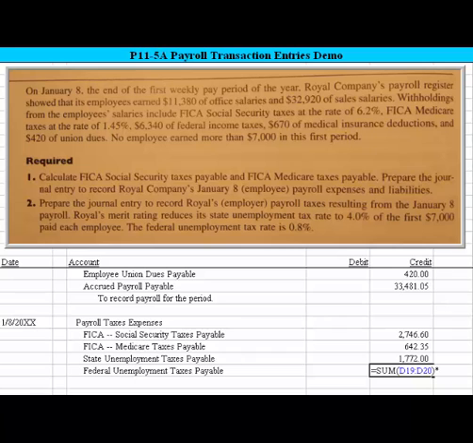Multiply that times the unemployment rate, which is, I'll do it exactly the way it's given, 0.8, and you can put the percent sign in, and Excel will know how to deal with that correctly. Now again, what makes this easy is that none of the employees have achieved the first 7,000, so we've got a real easy calculation of the unemployment taxes to make.